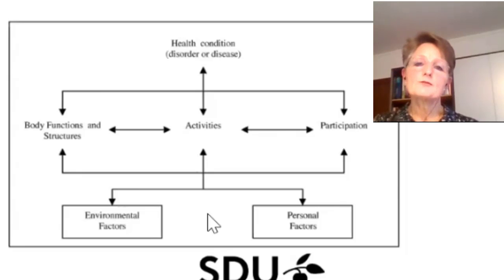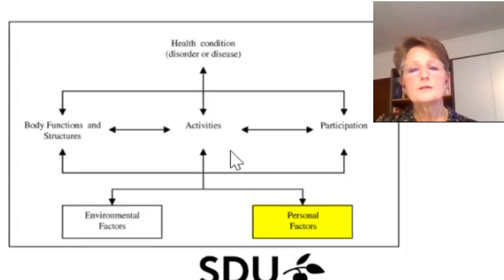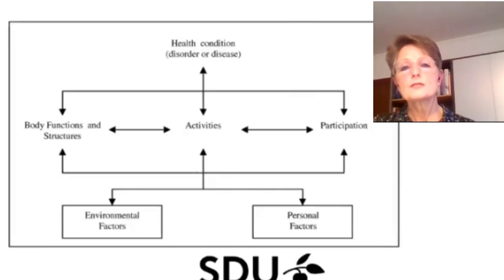If you're looking into bigger groups, you have to take into account the environmental factors and the personal factors. And I really think that the ICF core set gives us a basis describing different areas to be taken into account when you want to describe the effect of musculoskeletal medicine.